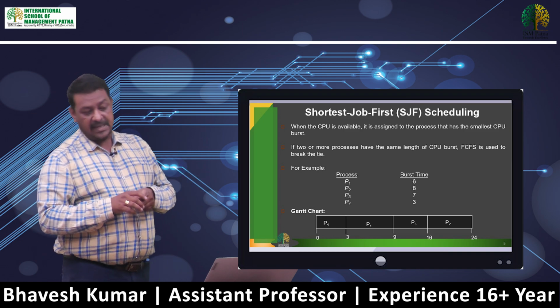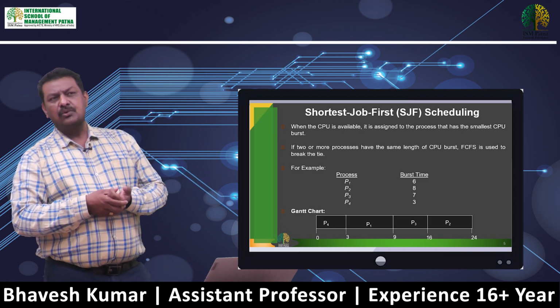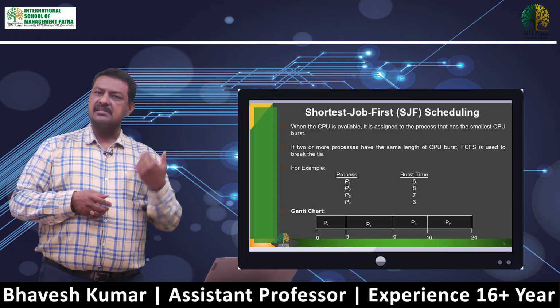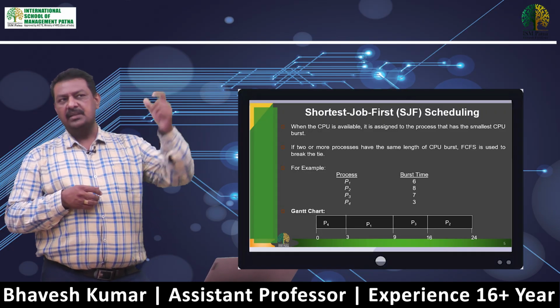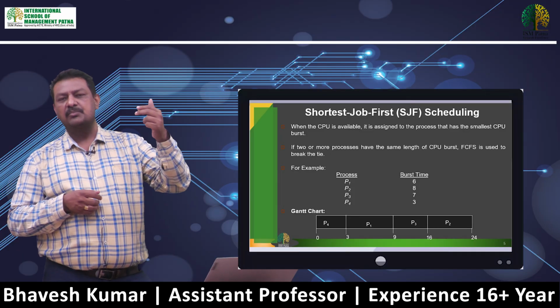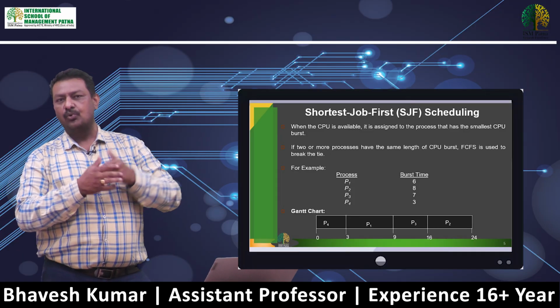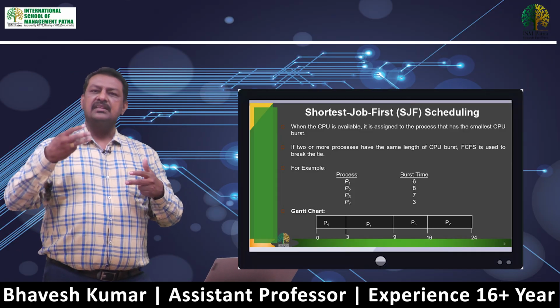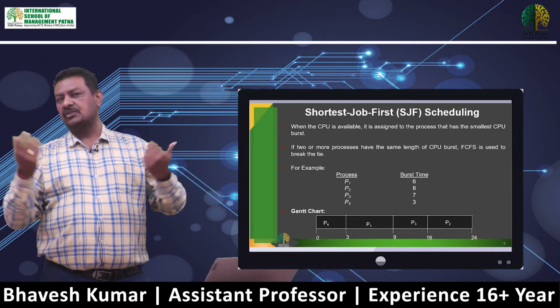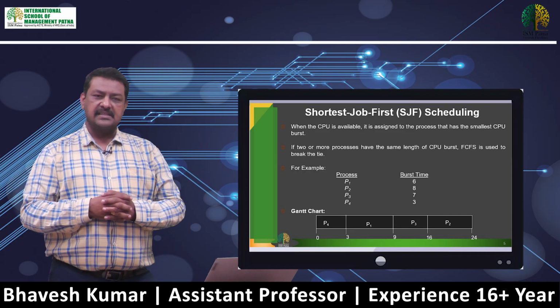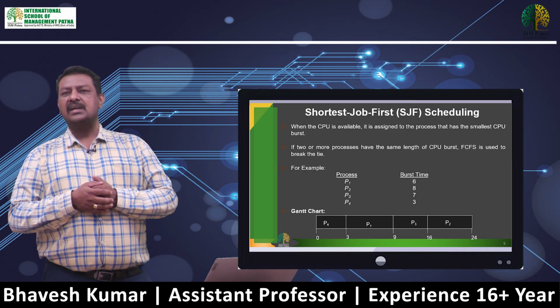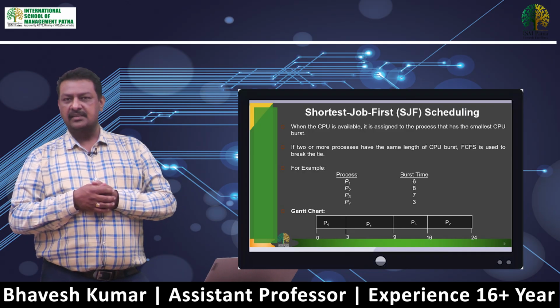Now there can be a situation when there could be multiple processes in the ready queue which require the same amount of time. Maybe suppose there are 5 processes and process number 2 and process number 4 both require only 3 milliseconds to be executed on the CPU in order to finish their execution. In such cases, how to identify which one requires the shortest time, right?